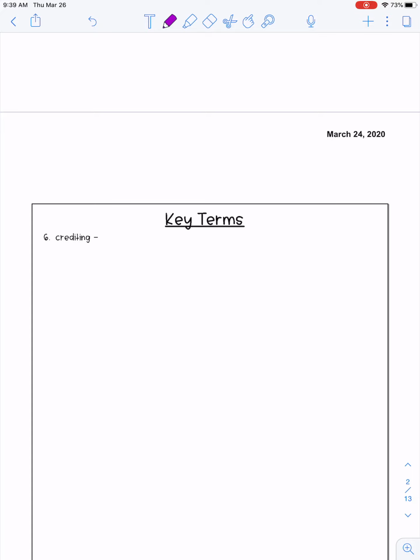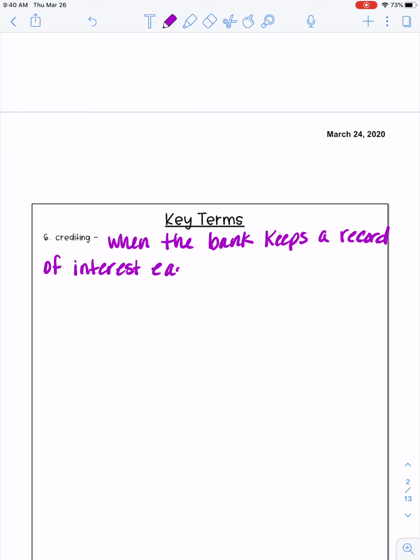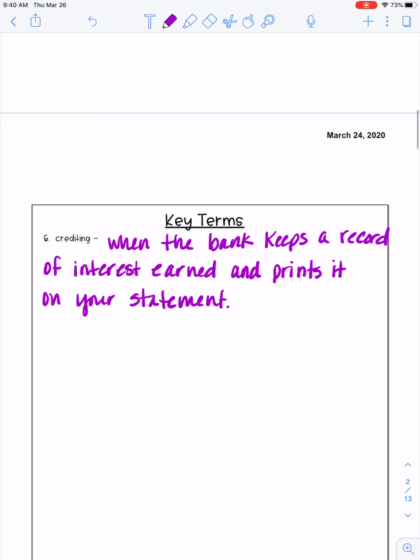Basically, crediting is when the bank keeps a record of interest earned and prints it on your statement. That's the definition I was looking for.